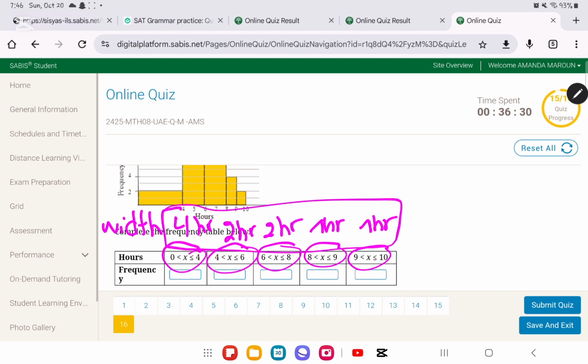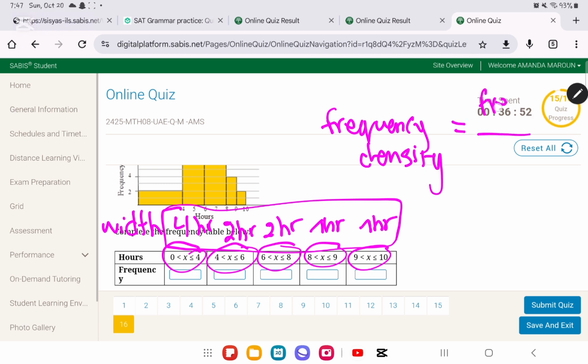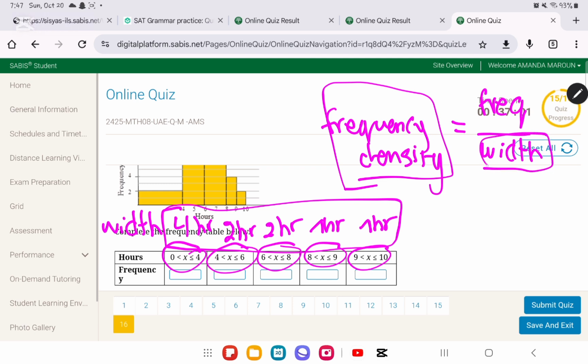Using the width, we can use the equation: frequency density is equal to the frequency over the width. So if we have frequency density given and we have the width given, can we find the frequency?